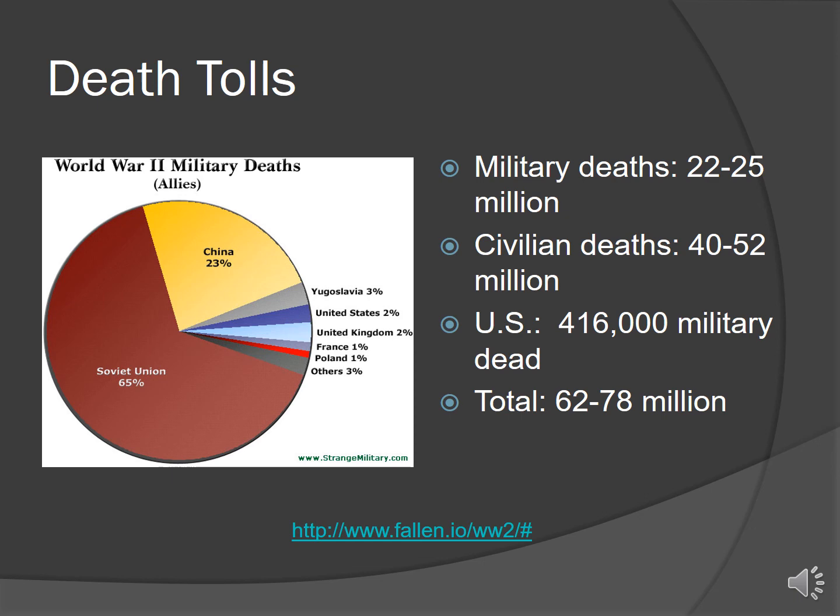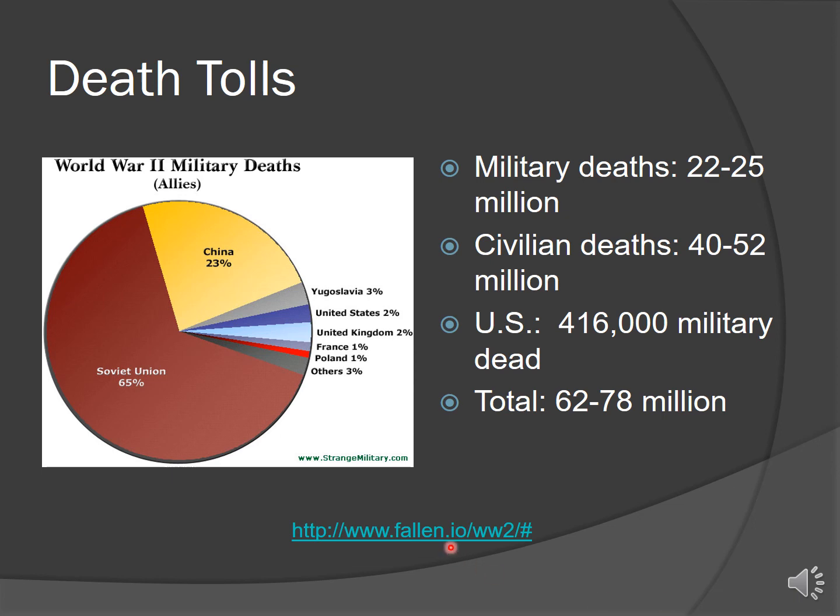Again, huge numbers compared to World War I. The United States, 416,000 military dead in World War II, for a grand total of 62 to 78 million. And the reason why there is a range is because some countries didn't keep as accurate records as others did.